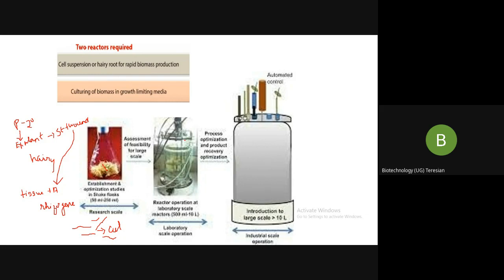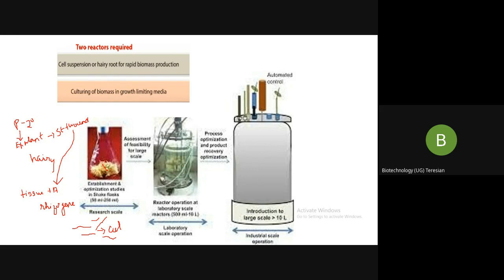So this bioreactor is an automated system wherein all the parameters are controlled. The nutrients, the culture condition, the physical parameters are all controlled so that there is an optimal production of the product of interest. So our biomass and secondary metabolites are now produced. Because you have to produce biomass, that is your root culture.